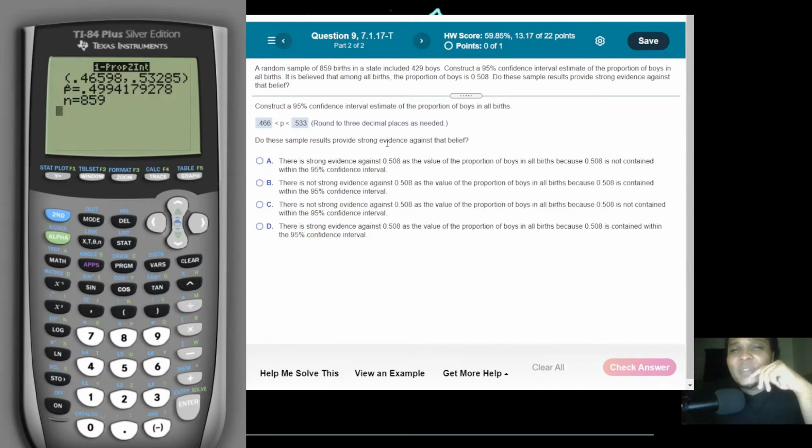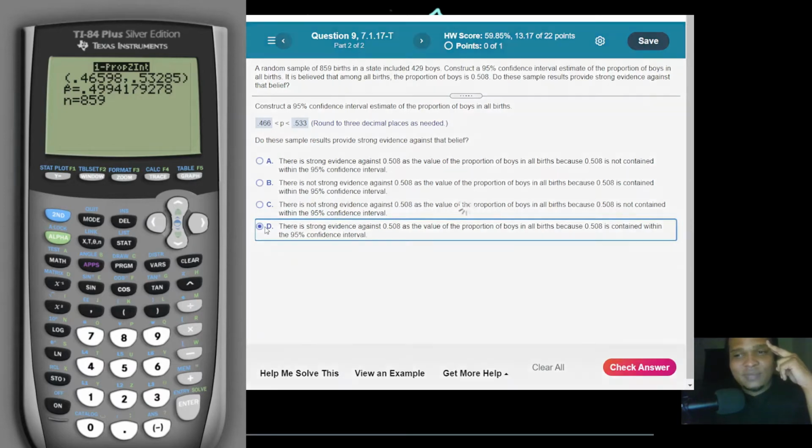So I'm going to say that there is evidence to support that, because that number they're proposing is within our interval. It's in between 0.465 and 0.532. I'm going to say there is strong evidence. So it's either going to be A or D. It's not going to be that one because it is contained. I'm going to choose D. Let's see if I get it wrong.